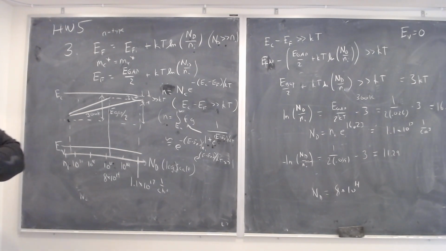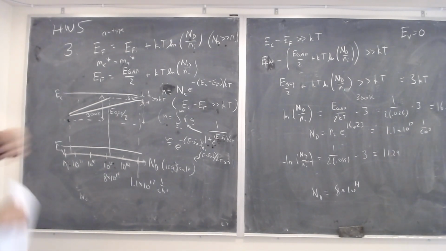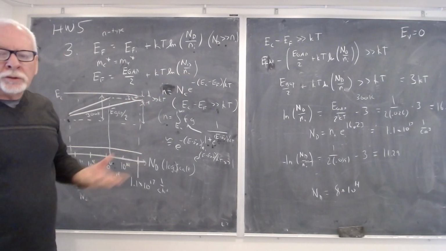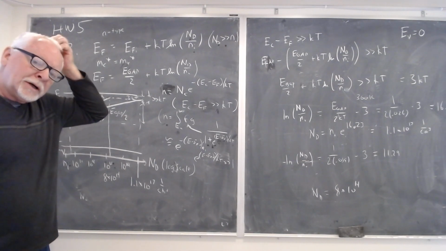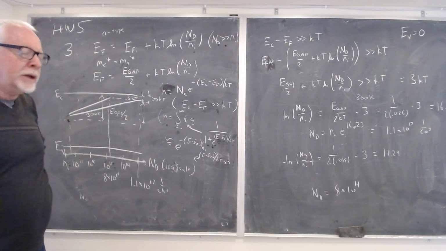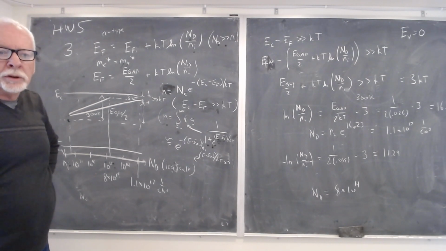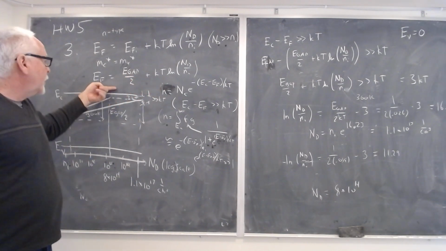Perhaps a good exercise would be to take this equation and plot it versus Nd over Ni. That'd be another way to do it, just graphically. And perhaps I'll do that. Well, maybe I'll ask that as a homework problem for you to just plot that. I mean, it's pretty simple, right? Basically plot this equation.